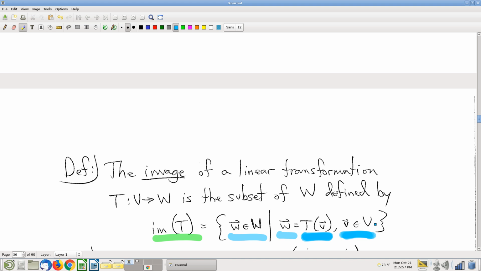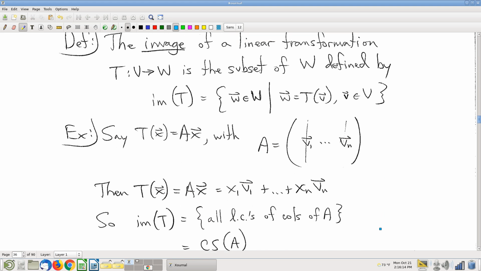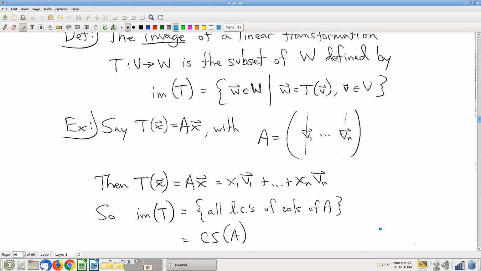So we distinguish between the target, which is just a space where the outputs have to land, and the image, which is the actual outputs themselves. A neat connection I want to make regarding that is in the context of our old friend from chapter 1, matrices as functions, which we now know are linear transformations.